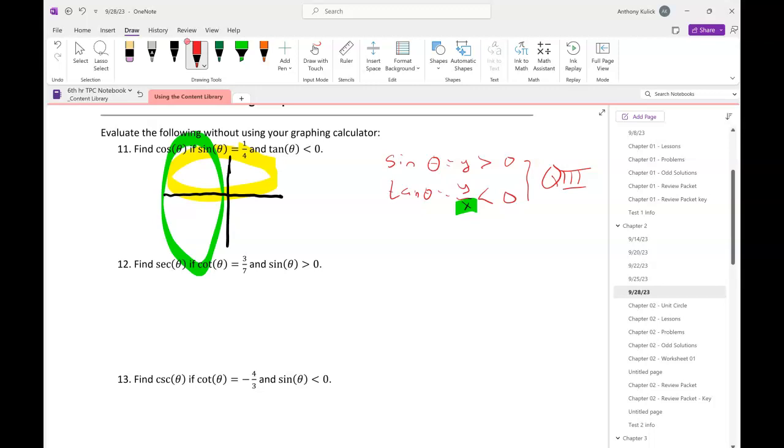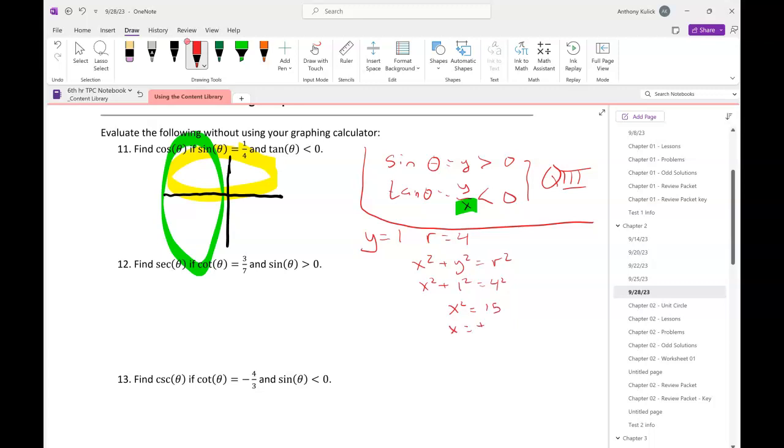So I'm now going to discard that unit circle definition. So I know y is 1, r is 4, and I'm going to find x. I know x squared plus y squared is equal to r squared. So x squared is equal to 15.